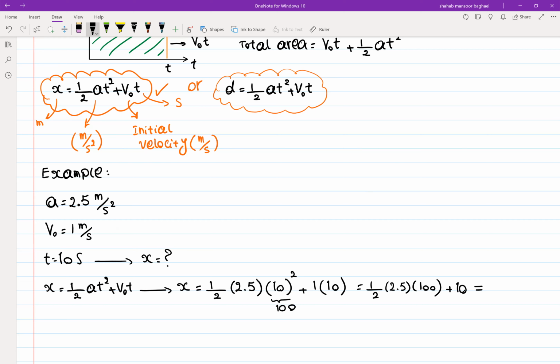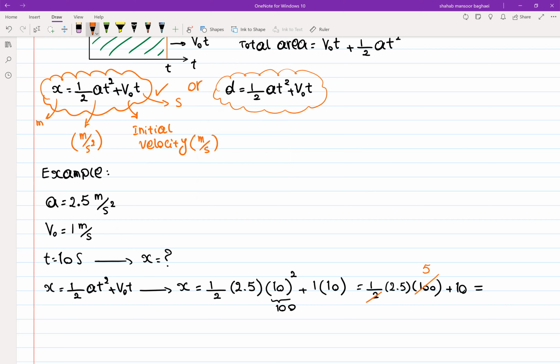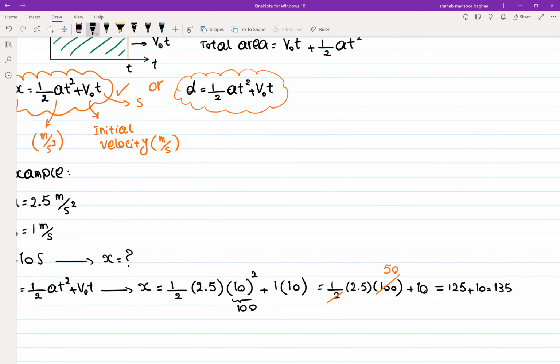Therefore, half times 100 is 50, times 2.5 is 125, plus 10 is 135 meters.